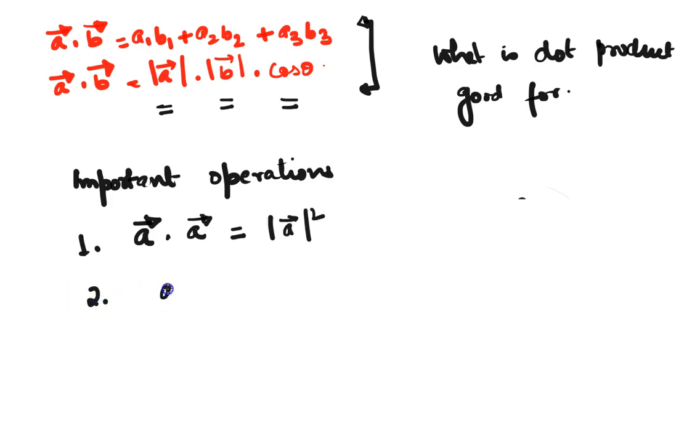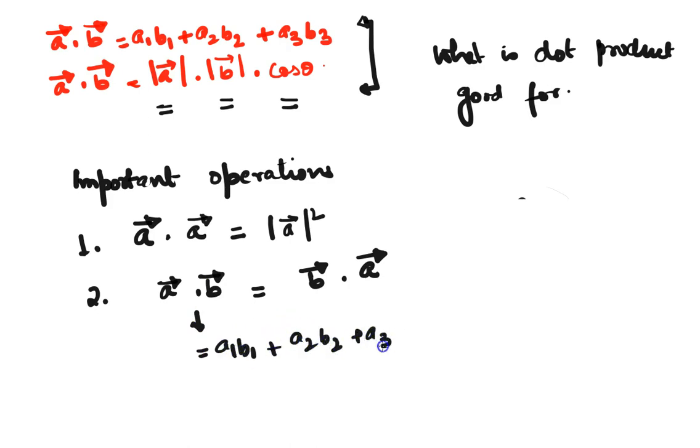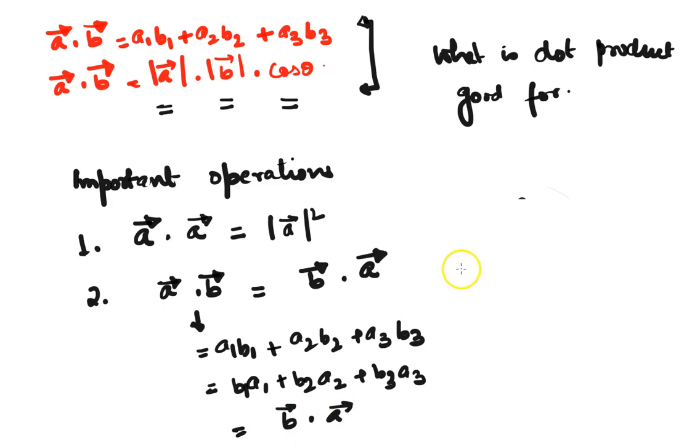Another important concept: A dot B equals B dot A. To prove that, A dot B is equivalent to A1 B1 plus A2 B2 plus A3 B3, which is equivalent to B1 A1 plus B2 A2 plus B3 A3, which equals B dot A. It's also true because this is a scalar quantity and does not have a direction.